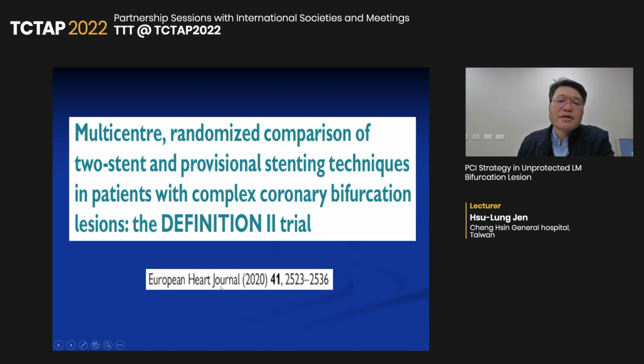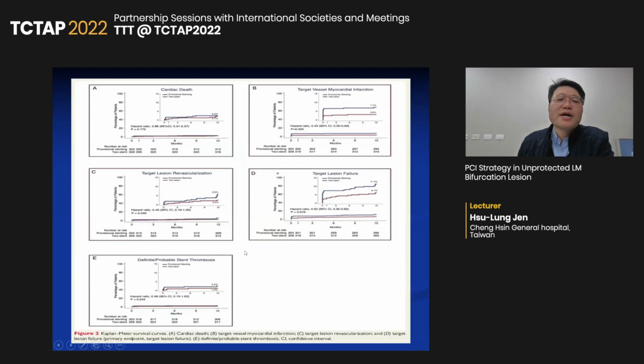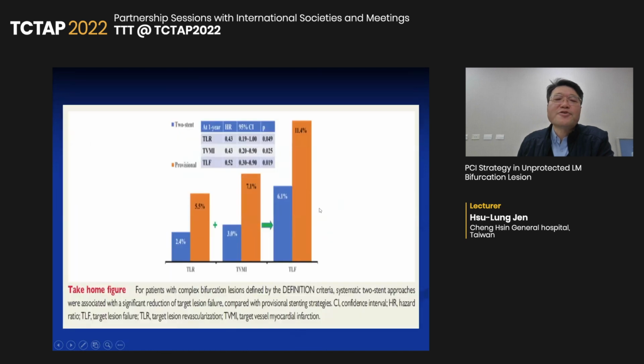It was published in 2020 in the European Heart Journal. It just followed the previous criteria and divided patients into two parts: one for the complex bifurcation and one for the simple bifurcation. For the complex bifurcation in the DEFINITION II trial, we can see the two-stent strategy can significantly reduce target vessel myocardial infarction and target vessel failure.